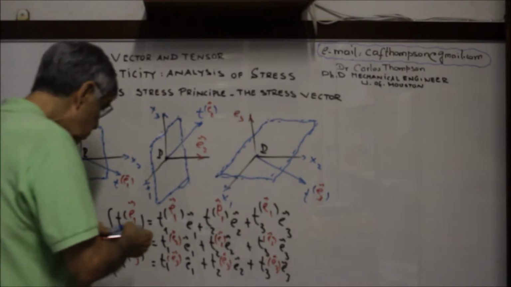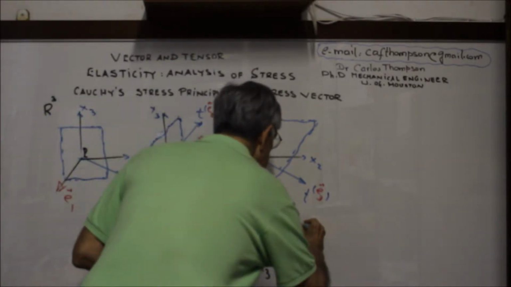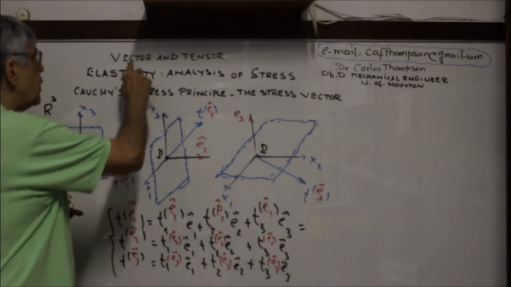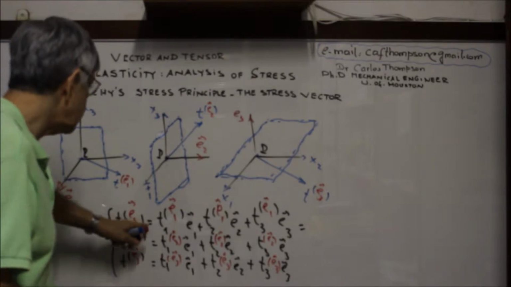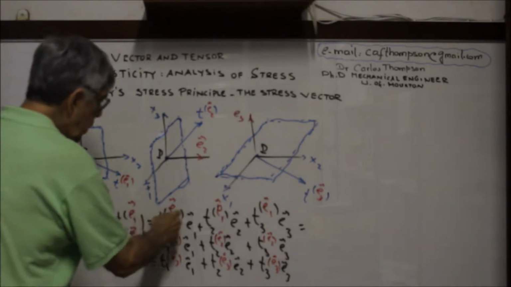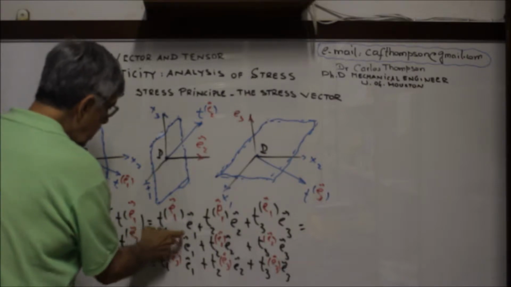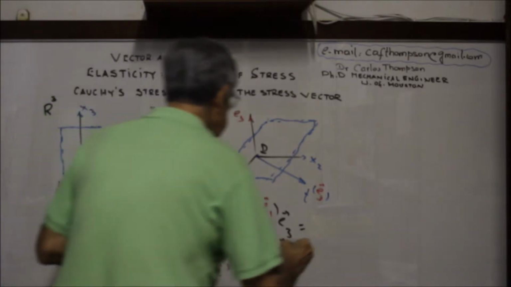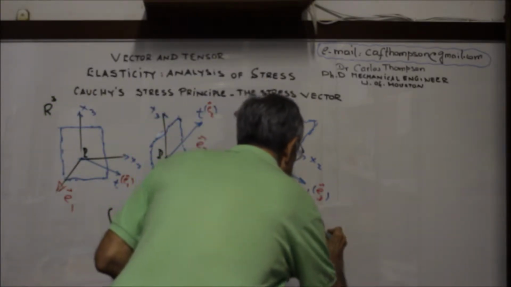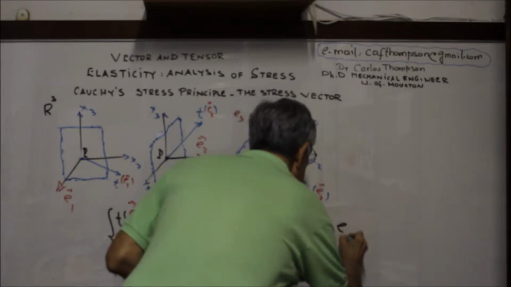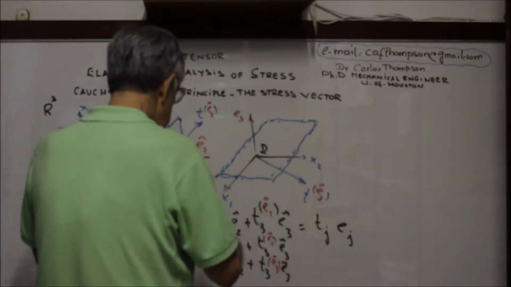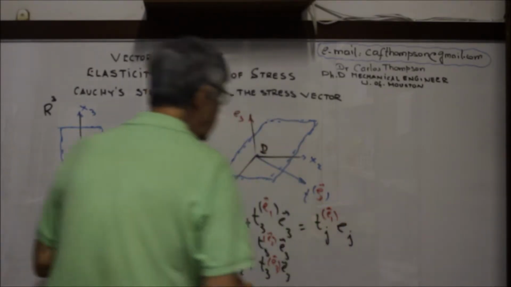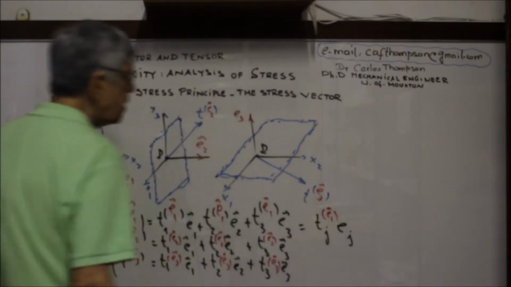Now, I can write this using a tensor notation. Don't forget, we are using vector and tensor notation. So this is a summation. E1 is fixed, this is 1, 1, 2, 2, and 3, 3. So we can write here Tj Ej. Now here is E1. This is a summation, and j is a dummy.